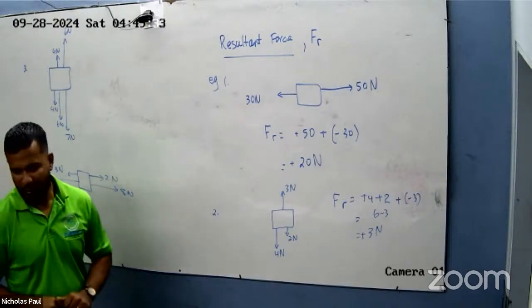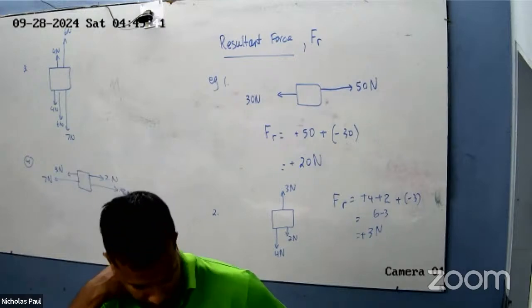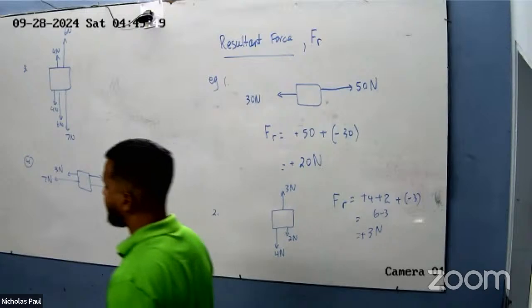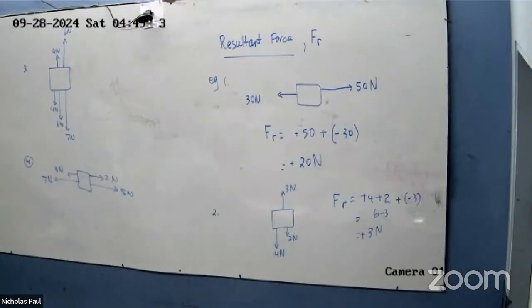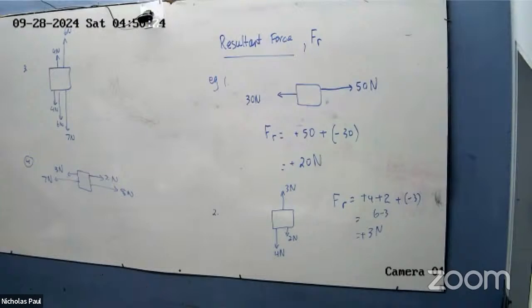I'll just do that one. 22 people have a protractor. One. Let's get on.